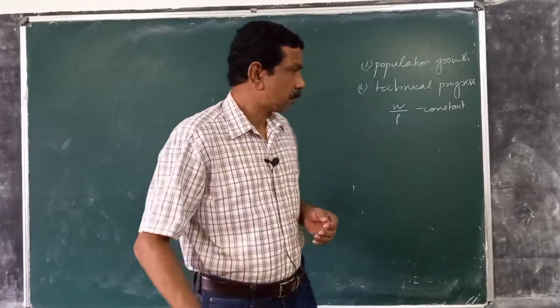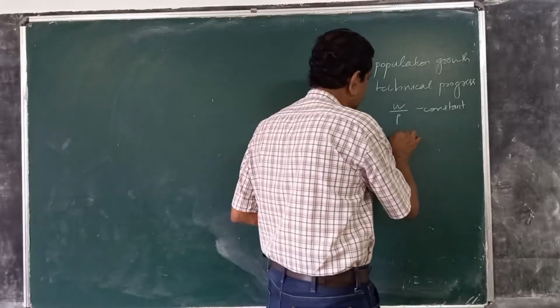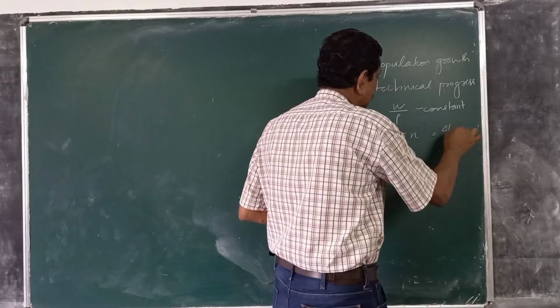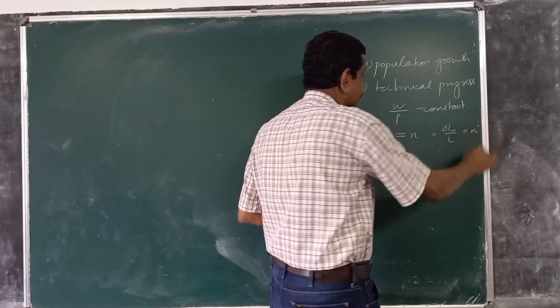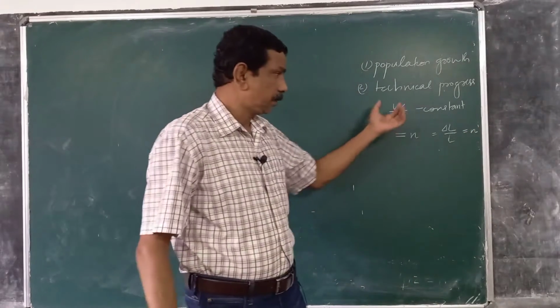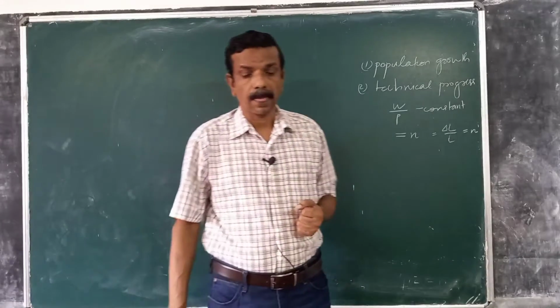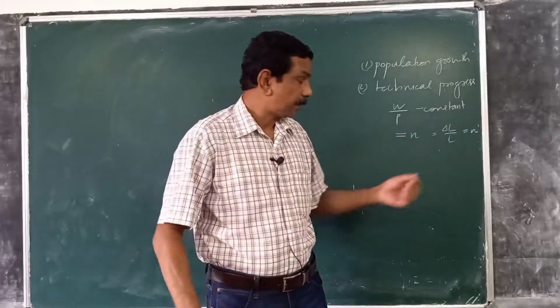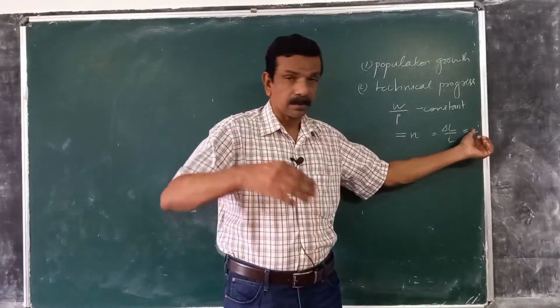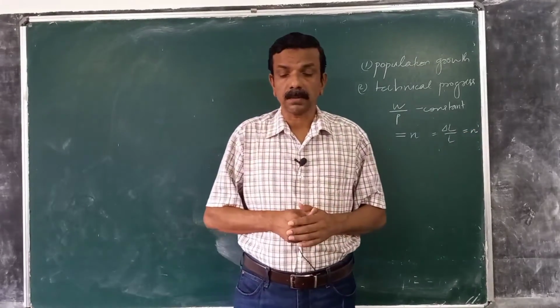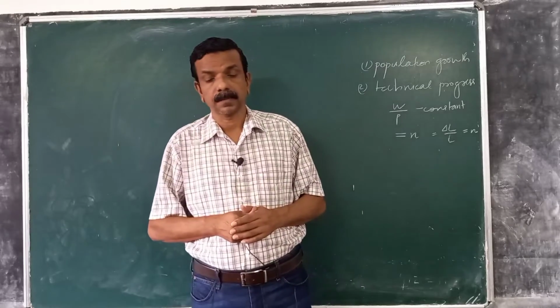In the Solow model, population grows at a rate equal to n. So the rate of growth of the labor force is equal to the rate of growth of population.